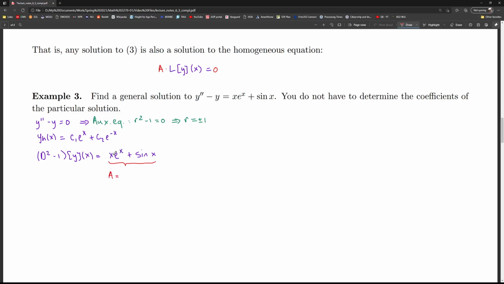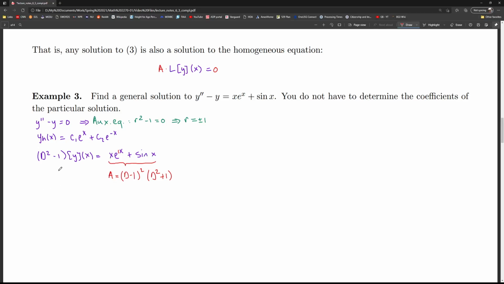We want to get rid of the x e to the power x. The way we do that is we have D minus 1 because of the 1 here. And then because the x is in front, we actually have to raise that to the second power. And then to get rid of a sine, we multiply that by D squared plus 1, and that is to the first power. So that's our annihilator for the right-hand side.